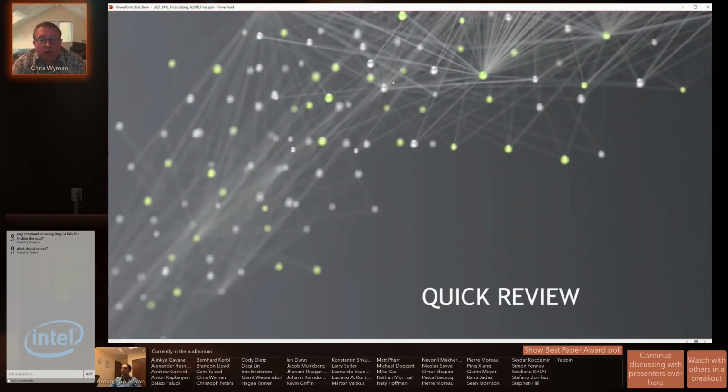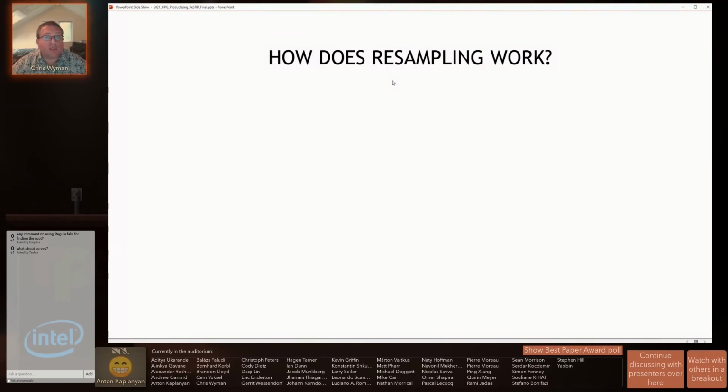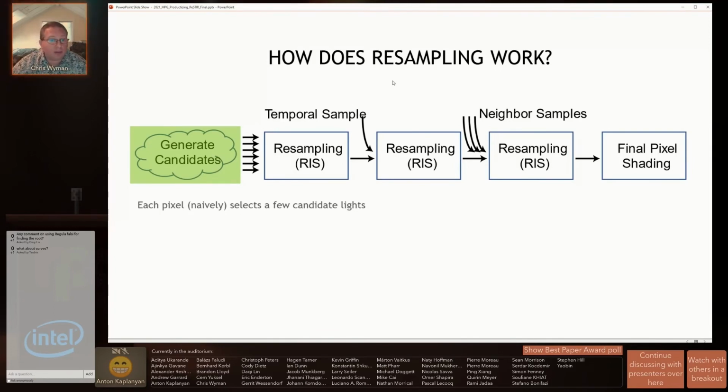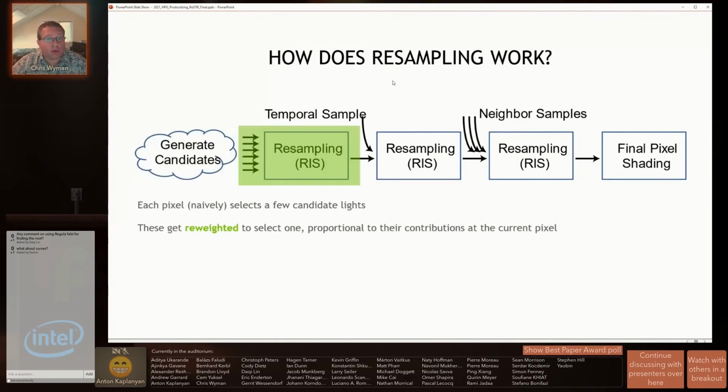So a quick review of ReSTIR. Yaobin did a review earlier, but before we dive into the technical details of this paper, how does resampling work? This is the resampling pipeline for ReSTIR. Each pixel naively selects a few candidates, and these get resampled and reweighted proportional to their contributions at the current pixel.